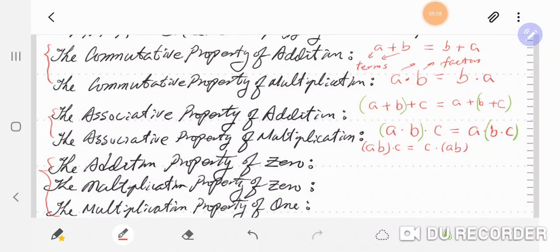Is this the associative property or something else? Think. The answer is, no, this is the commutative property of multiplication. Why? Because we just exchanged this one and this one.